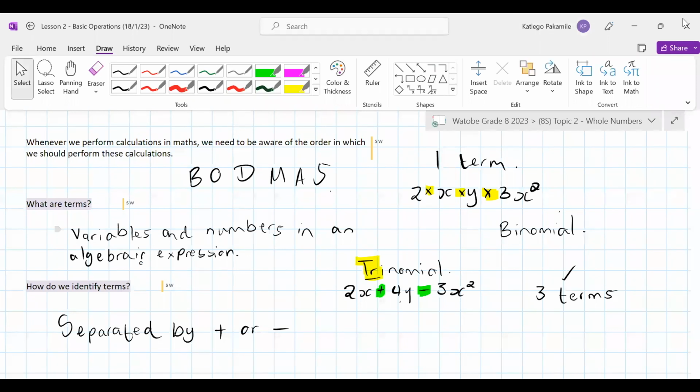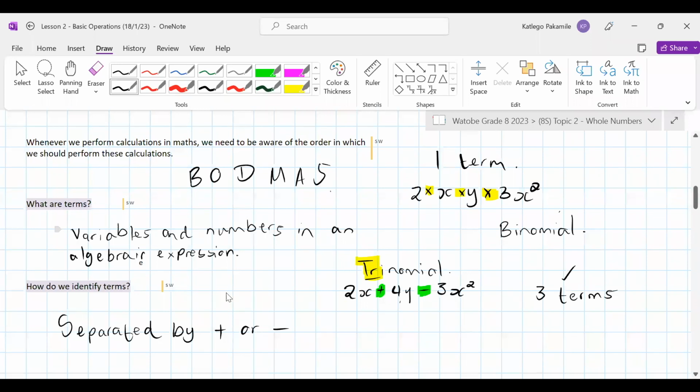What do we think? Lawrence has his hand up. Ma'am, I think it will have 2 terms, because a bicycle has 2 wheels. Yes, well done. Thank you very much.